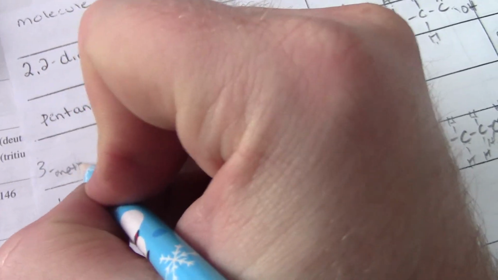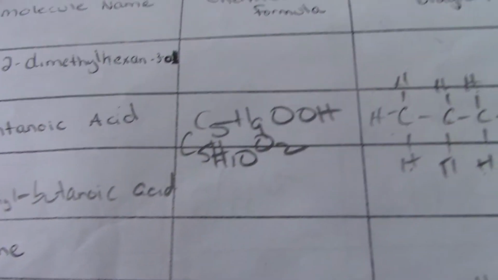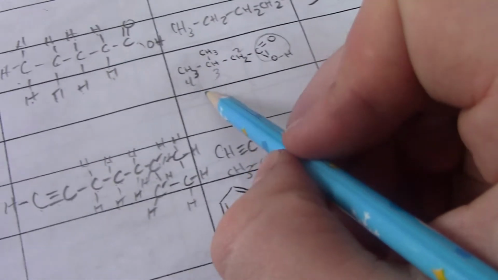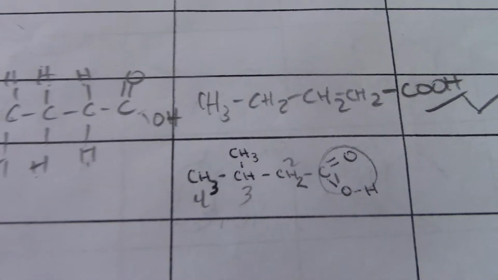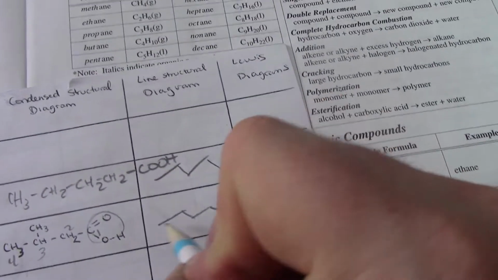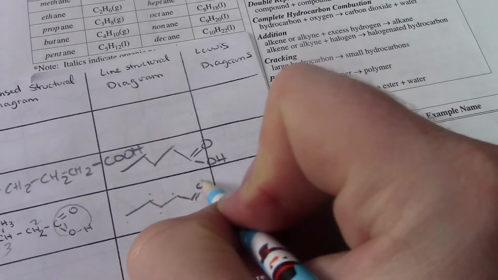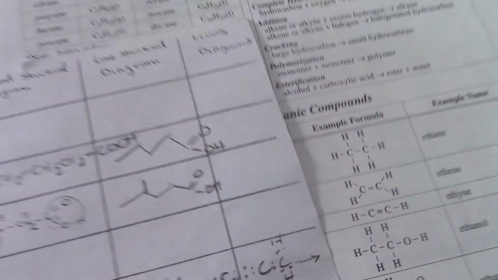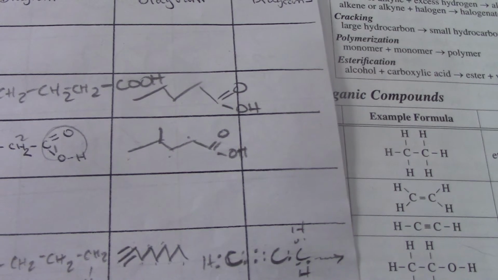So it's 3-methyl butanoic acid. Okay, 3-methyl butanoic acid. And it's actually the same chemical formula, C5H10O2. All right, I'm not going to do the complete structural diagram, but the line structural looks like that. Okay, and that's how we name carboxylic acids.